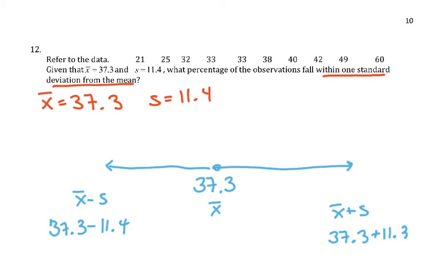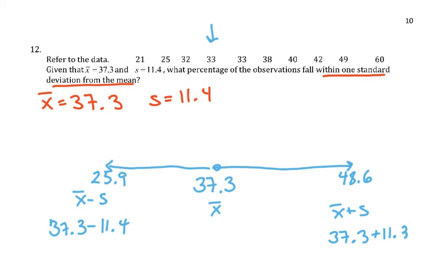So if I add the standard deviation to the mean, I get 48.6. If I subtract the standard deviation from the mean, I get 25.9. So I want to know how many of these observations are in this window.